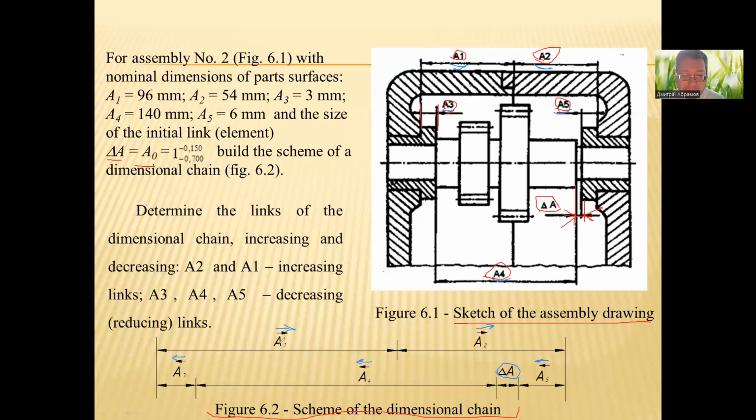Why is A1 an increasing link? Increasing links are the links that, when the link increases, the clearance, the initial link, increases too. For decreasing links, for example A3, if A3 increases, the initial link will decrease.